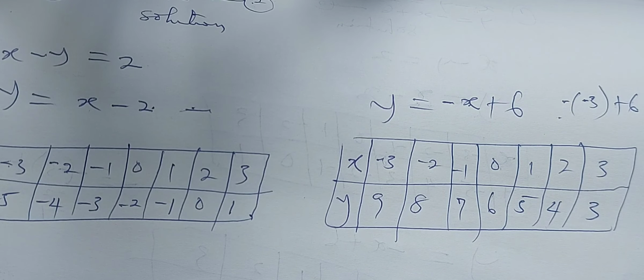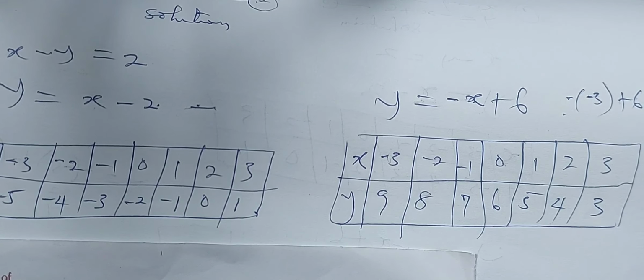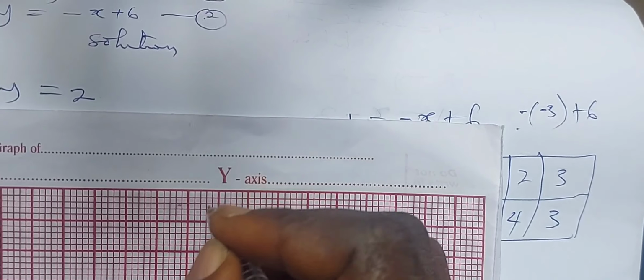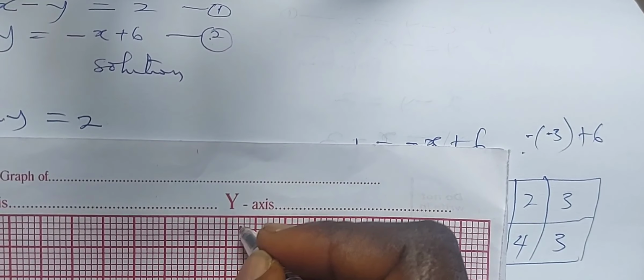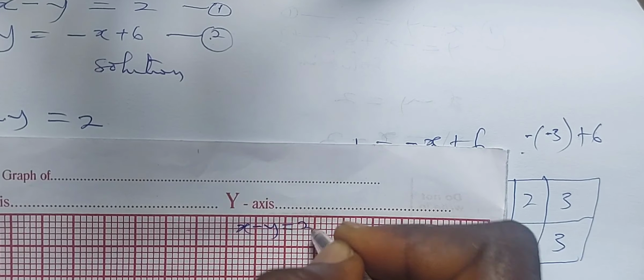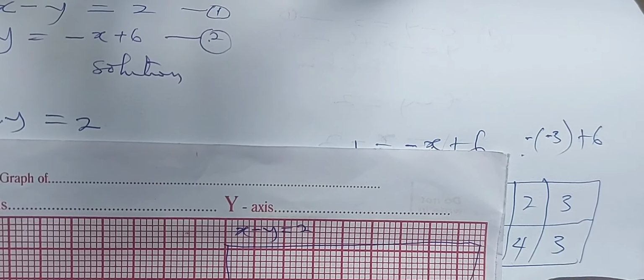Okay, this table is what you use to plot your graph. You can have it by the side of the graph. Okay, so for equation 1, which is x minus y is equal to 2, you have your table here. I'm doing this for clarity.